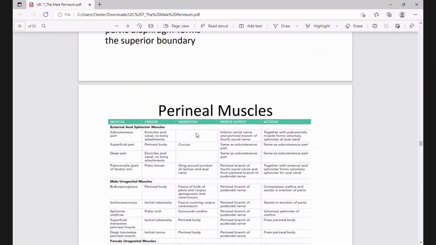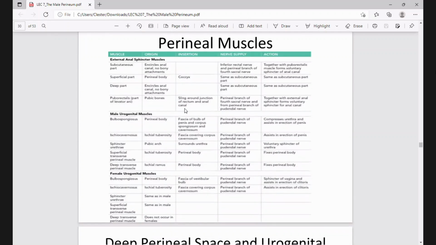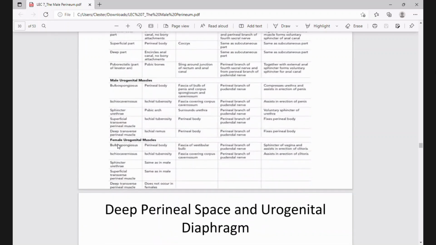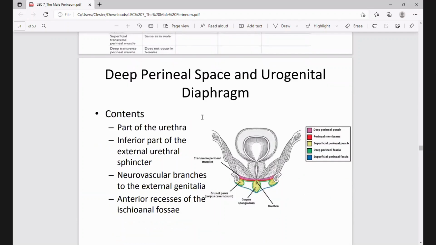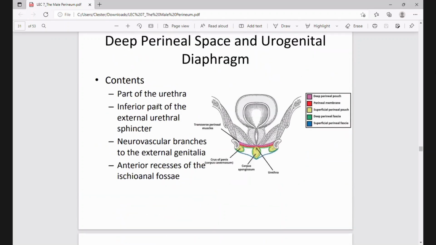Now, the muscles in the deep perineal pouch are basically the deep transverse perineal muscle and the sphincter urethrae, and of course, yung all-important bulbourethral gland. Yun ang content ng deep perineal space.